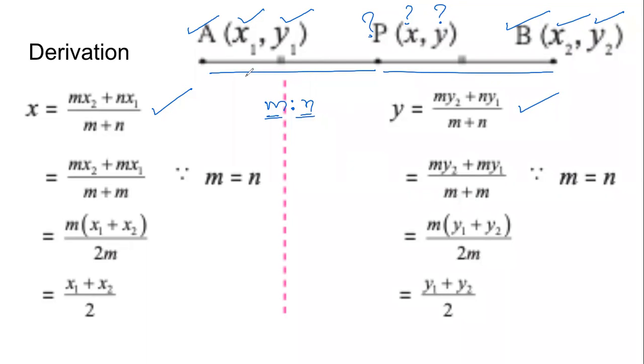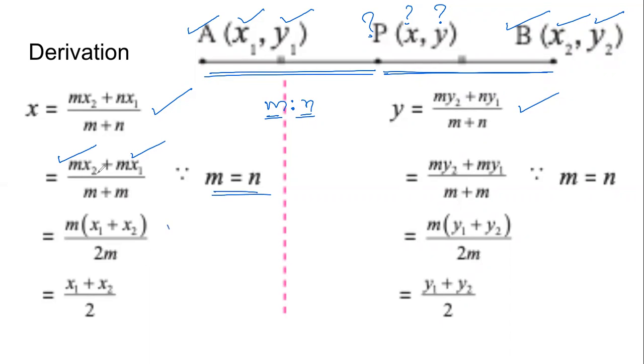m equals n because the distance AP is equal to the distance BP. We can call it 1:1, we can call it 2:2, we can call it 99:99, all are the same, 1:1. So if this happens, then what happens to the formula? Let us see quickly. Here m is equal to m, so we can let mx2 remain as mx2, but in place of nx1 we can write mx1.